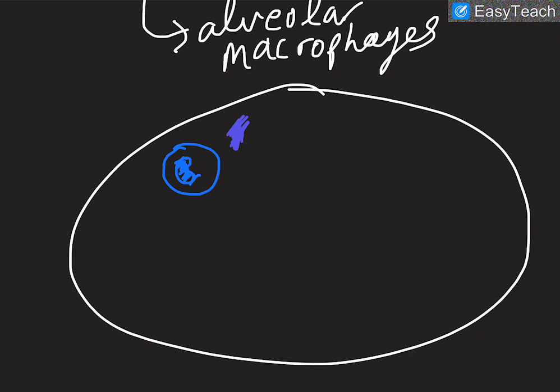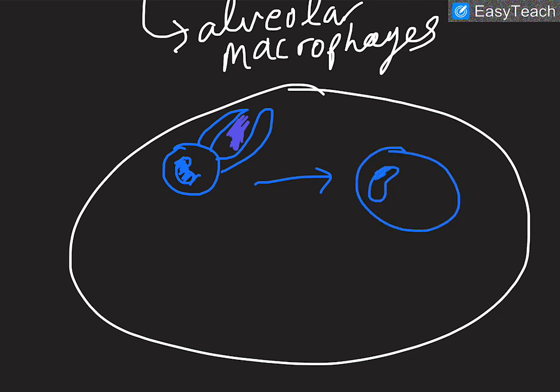So let's draw that. I'm just representing this as engulfing. It's going to try to engulf this microbe, which will lead to phagocytosis. So let's draw our macrophage like this, with our pathogen inside.